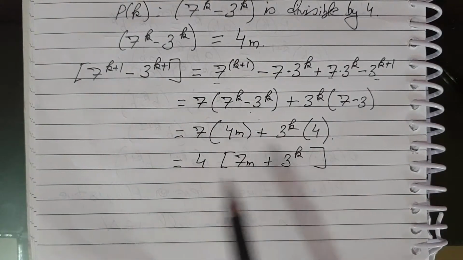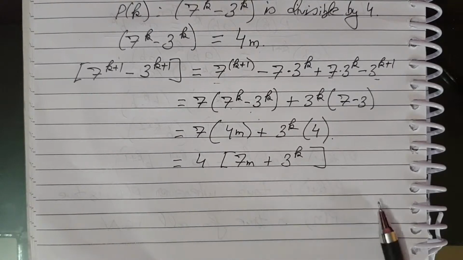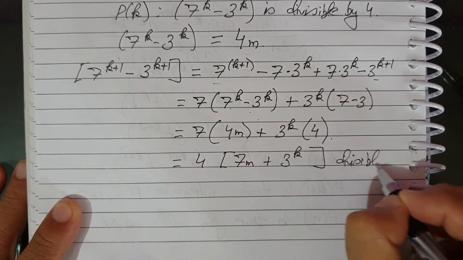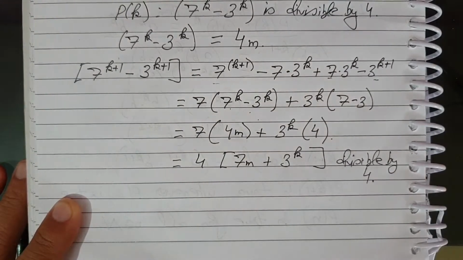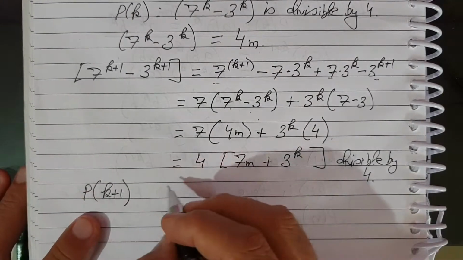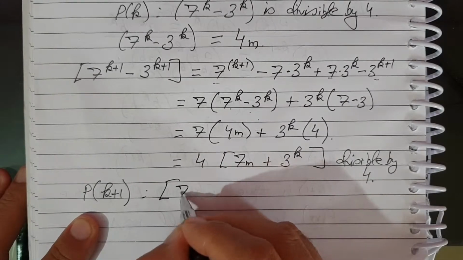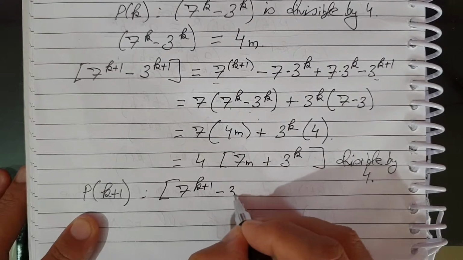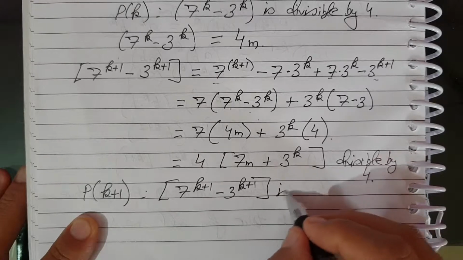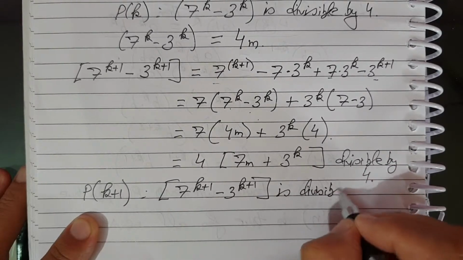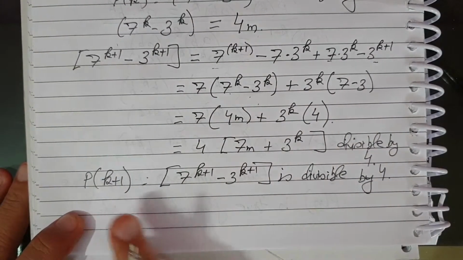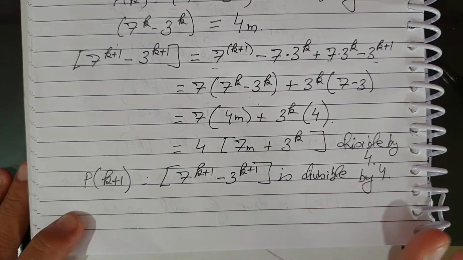Now look at the statement. This is divisible by 4 because this is 4 times of any number, which is clearly divisible by 4. So our statement P k plus 1, which was 7 to the power k plus 1 minus 3 to the power k plus 1 is divisible by 4. So on the next step you can write P k plus 1 is true whenever pk is true.